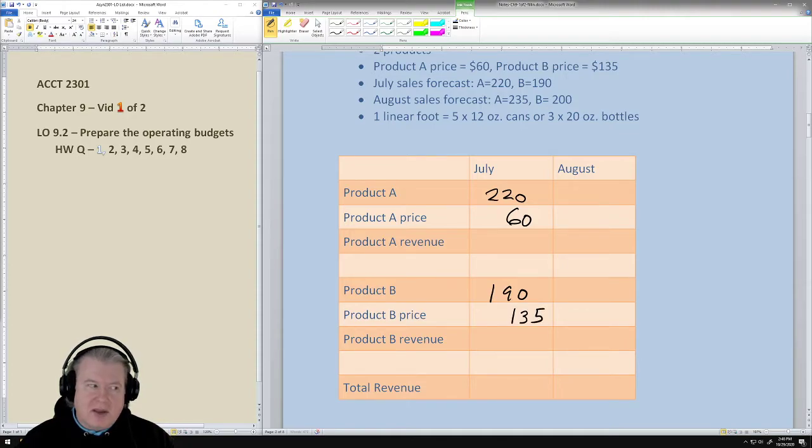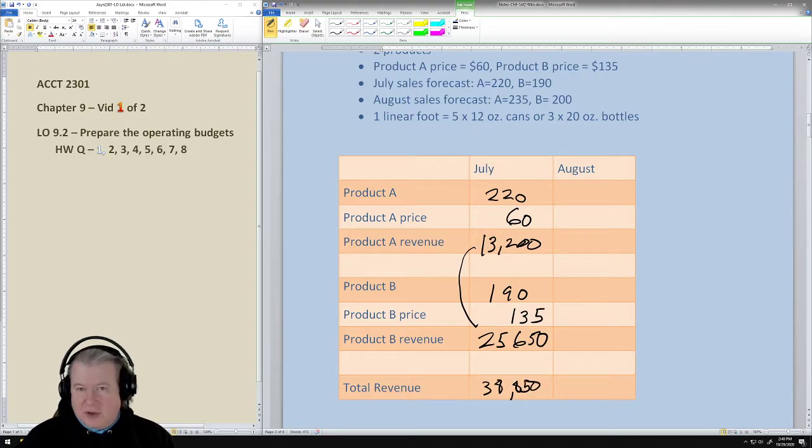And when you multiply those out, this comes to 13,200. And this one, I'm cheating a little because I've already figured it out, 25,650. So obviously, you have 2 subtotals here, so you add those 2 together, and 38,850. So this is the sales revenue budget, right?